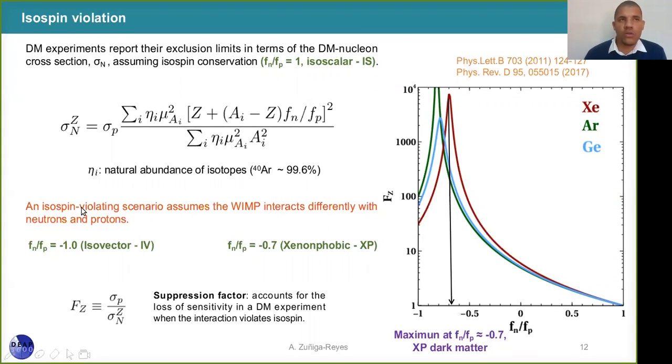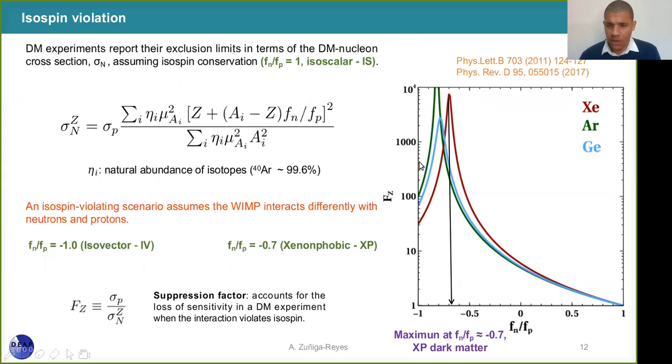We know that the internal structure of the neutrons is different, so why not explore these cases too? So we now have two scenarios: the case when the ratio is equal to -1, known as isovector, and the case when the ratio is equal to -0.7, which is known as the xenophobic dark matter.